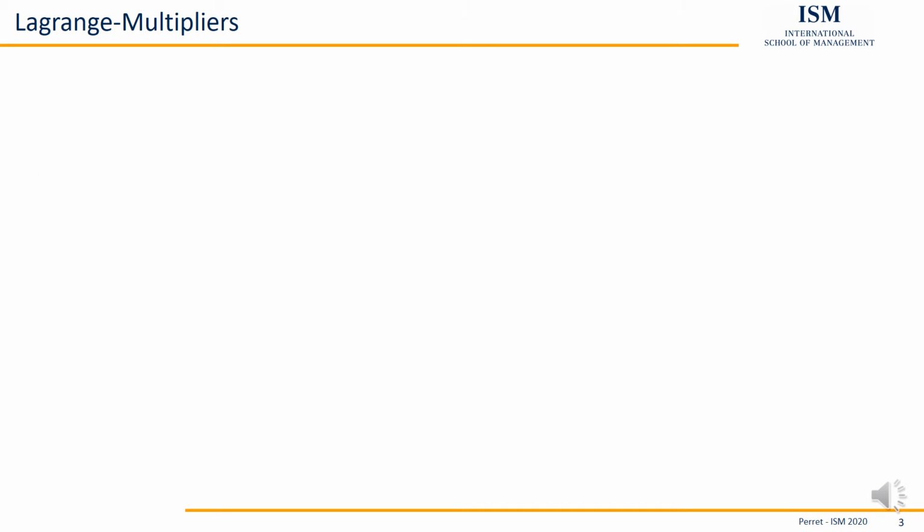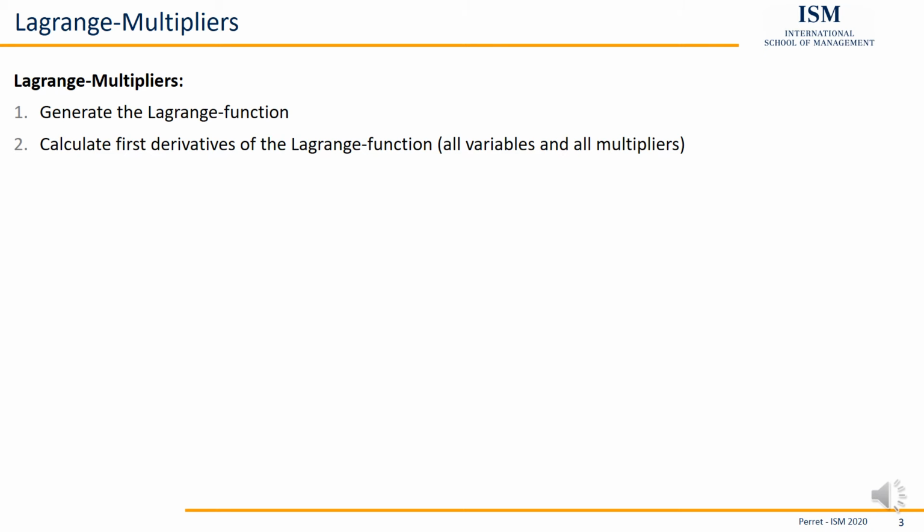So when we start, the first thing we do, as mentioned before, we generate our Lagrange function. We take the first derivatives of this Lagrange function regarding all variables and all multipliers, and we set those derivatives equal to 0.